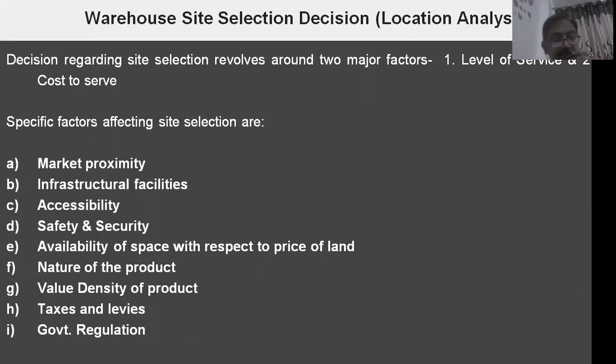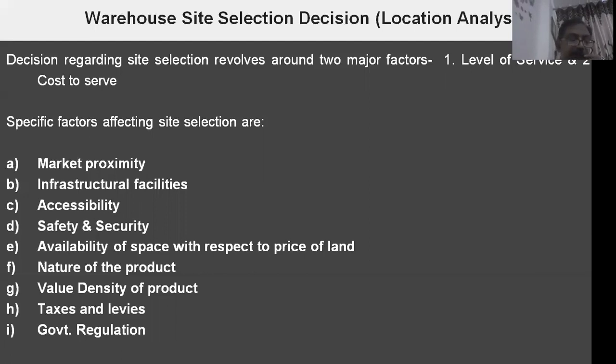Then availability of space with respect to price of land. We want to have a warehouse near the market, but land may not be available. If it is available, the price may be very high. Then also the nature of the product, then value density of the product. Value density means the price per gram, you can say.